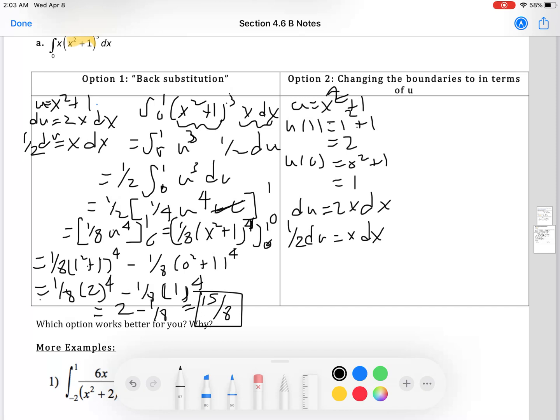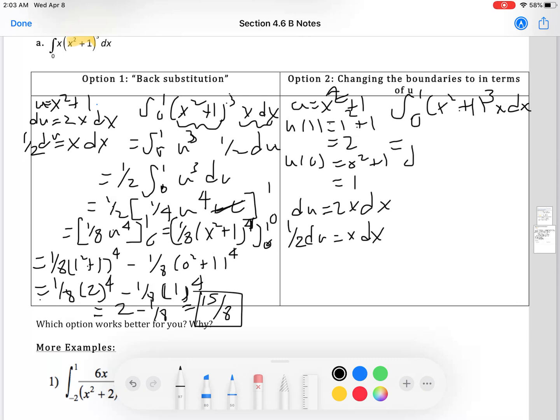And we're going to rewrite our integral. I got the integral from 0 to 1 of x squared plus 1 cubed. And we're going to sit back and enjoy the ride and replace our limits of integration.